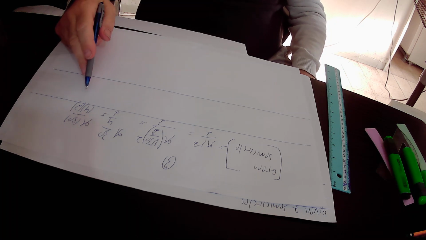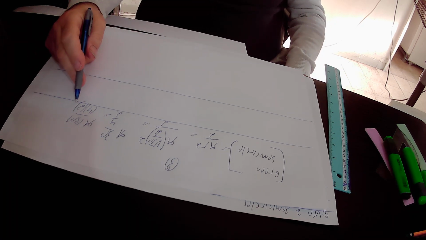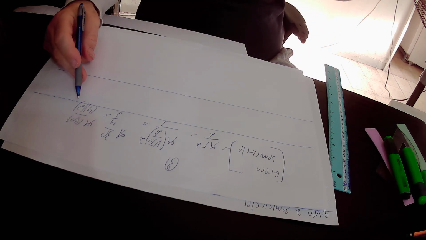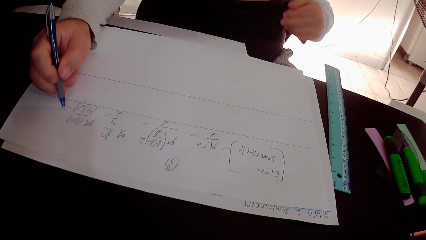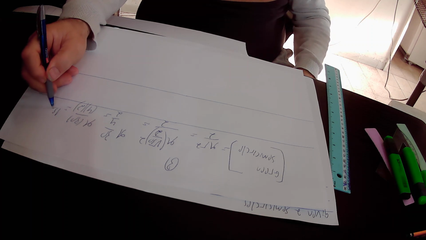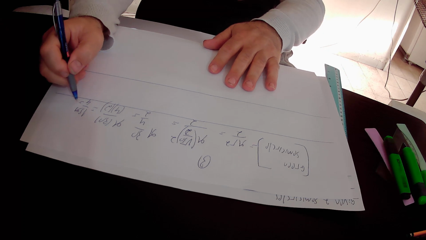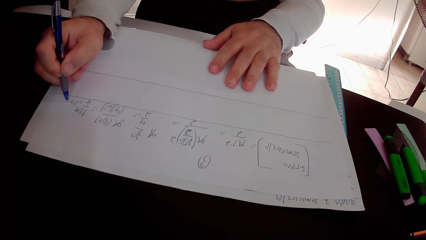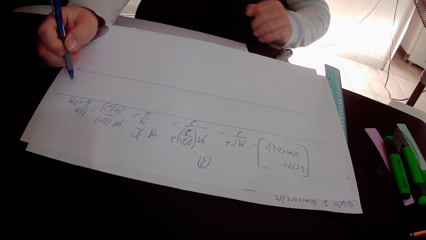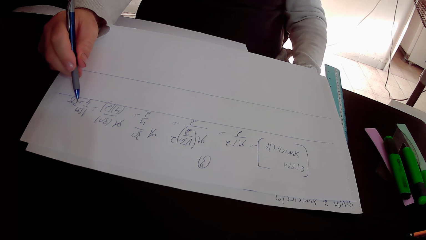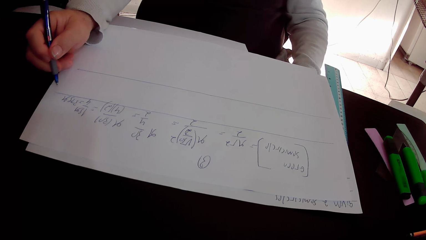So what is the value of this expression? We have here 30 over 2 is 15. So in total, the value of this expression equals 15 pi over 4. 15 over 4 is 3.75. And in total, the value of this expression equals 3.75 pi.